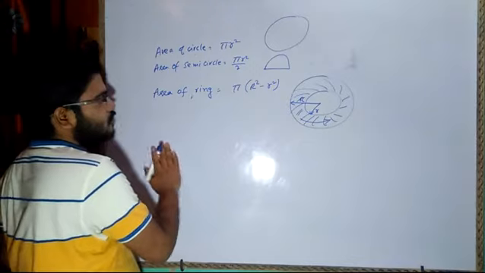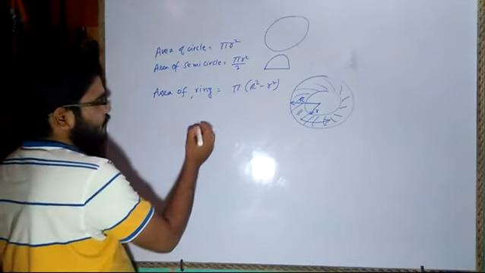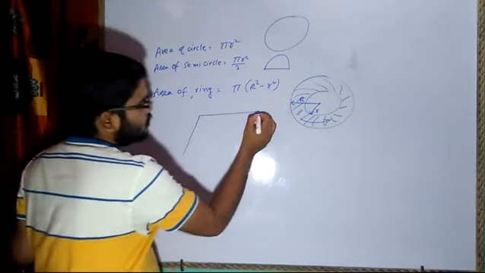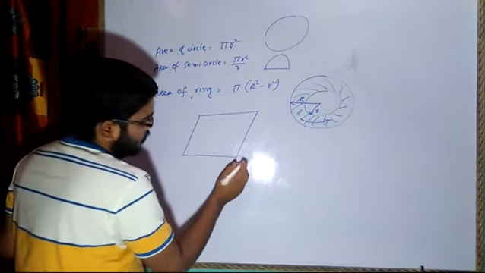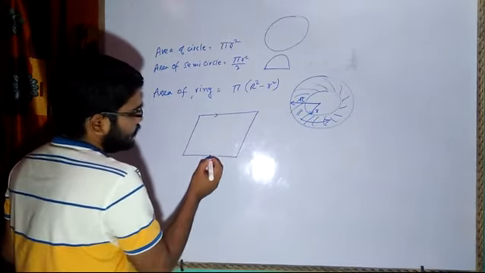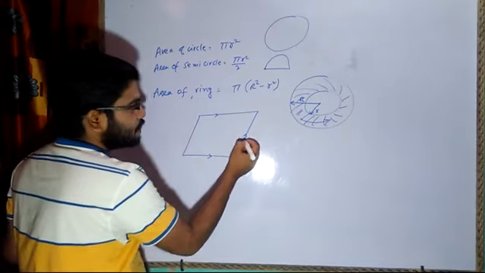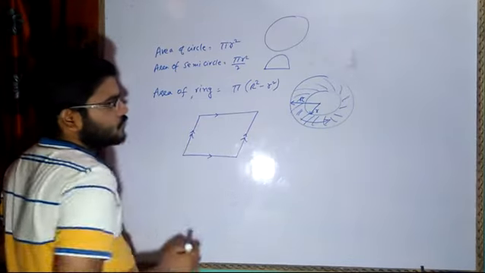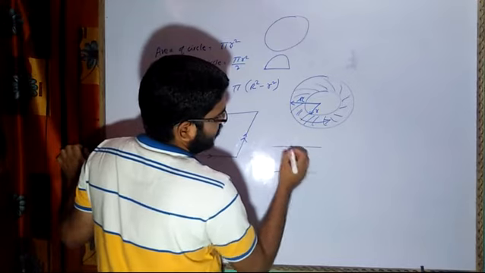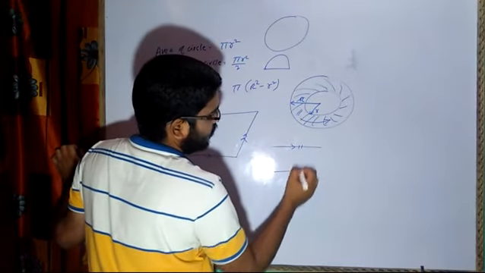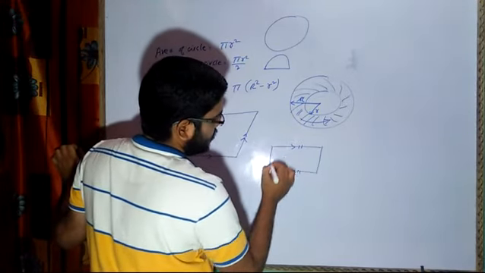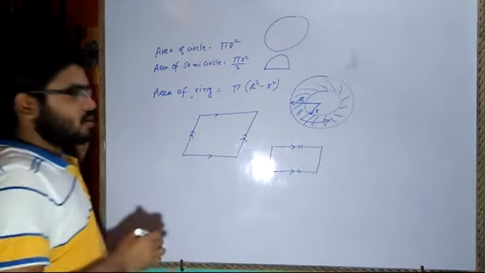Now we have to find out the area of a parallelogram. Area of parallelogram, all of you know what is a parallelogram, I hope. So parallelogram means opposite sides are parallel, right? Or opposite, only one side is parallel and equal, and when we join this, then this is also called as parallelogram.